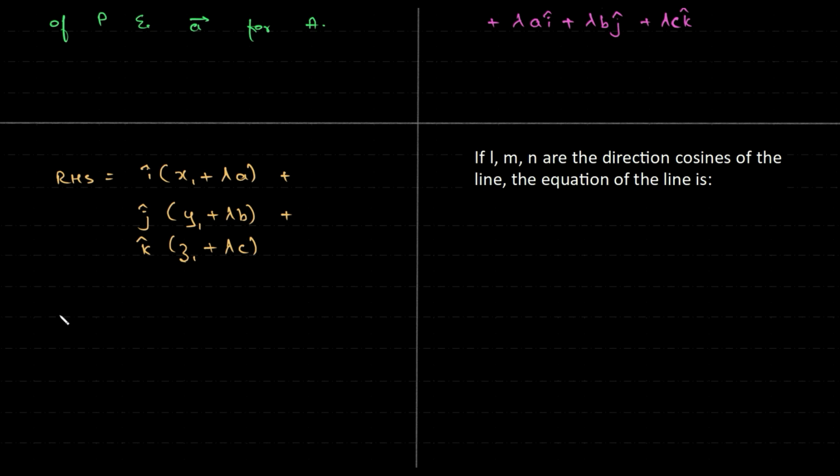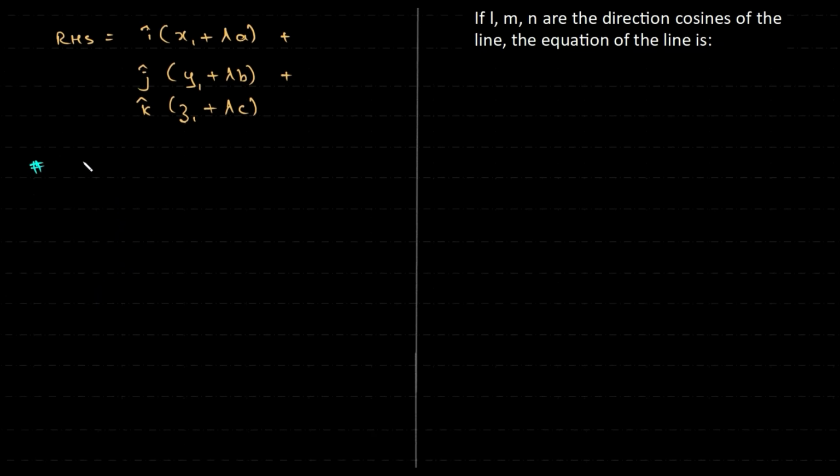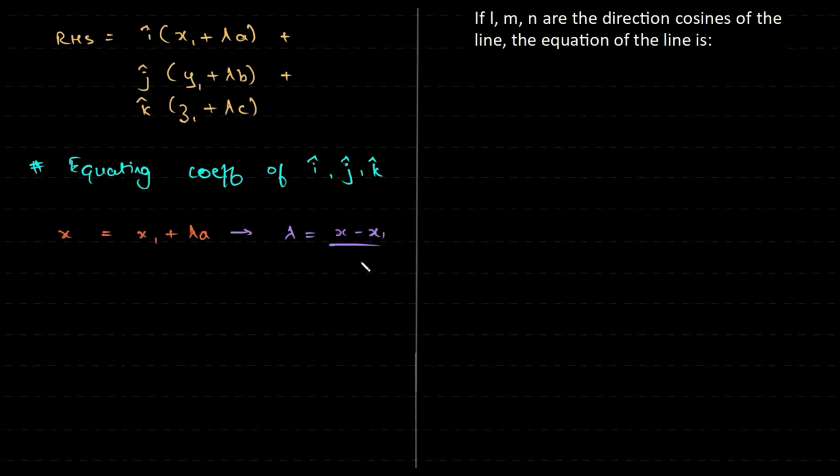And finally, equating the coefficients of i cap, j cap and k cap, what do you end up with? x is equal to x1 plus lambda a, so from this we can infer that lambda is equal to (x minus x1) by a. y is equal to y1 plus lambda b, so lambda is equal to (y minus y1) by b.